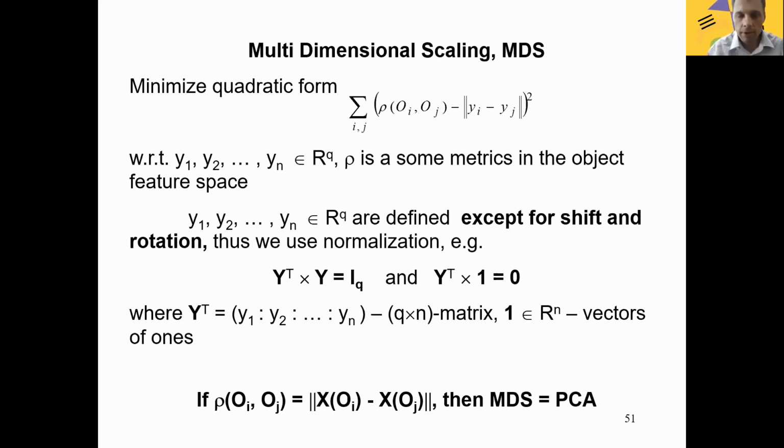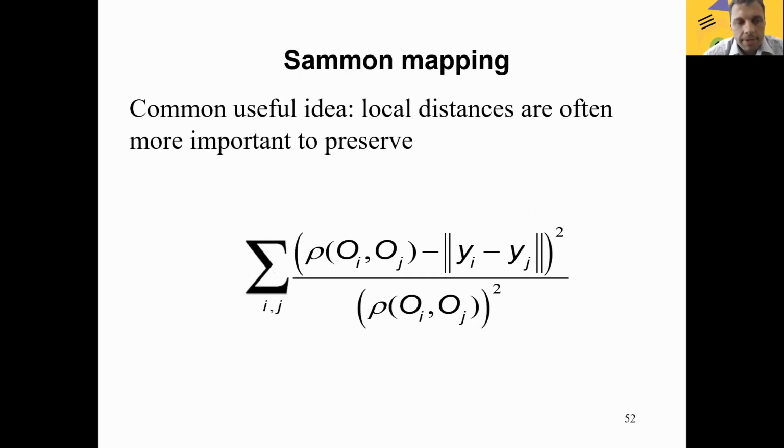We can say only that this object is closer to this object, say two times closer to this object, and that's it. And using such considerations, we can define a pseudo matrix of relative distances and apply multidimensional scaling to project these objects and represent them as points in a lower-dimensional space.